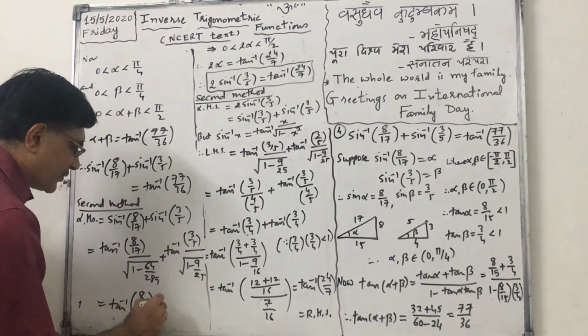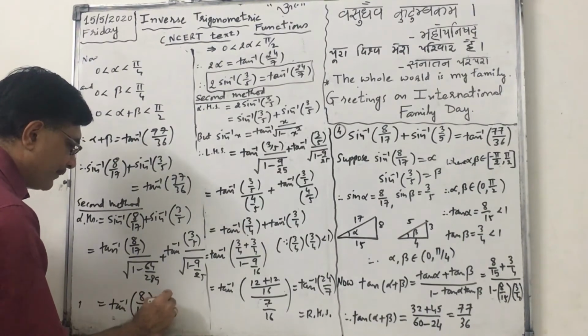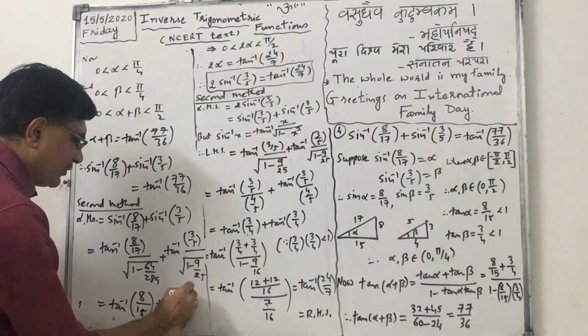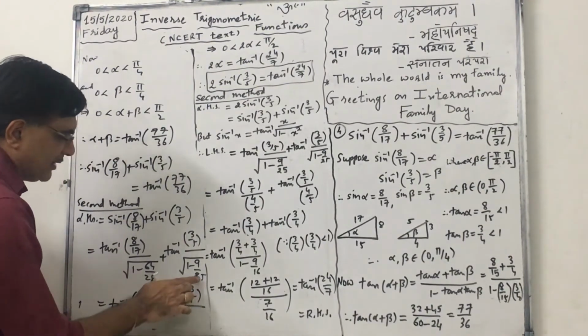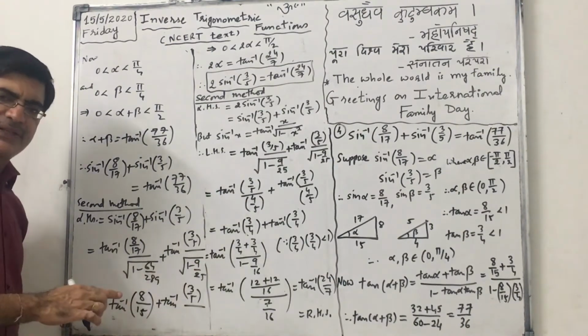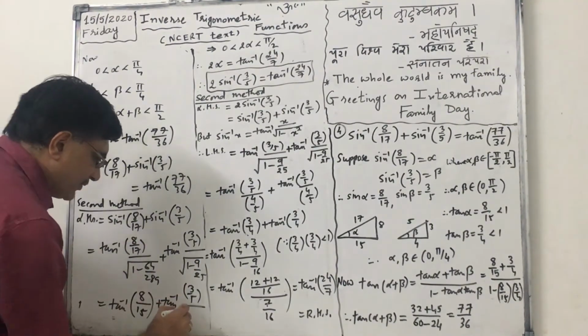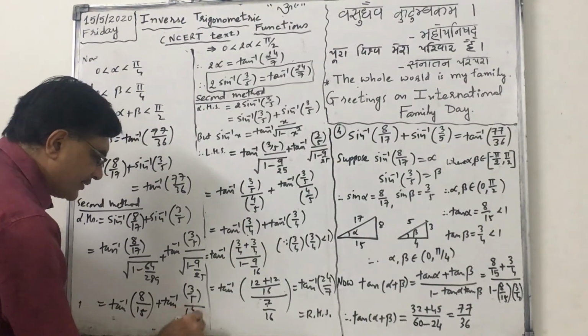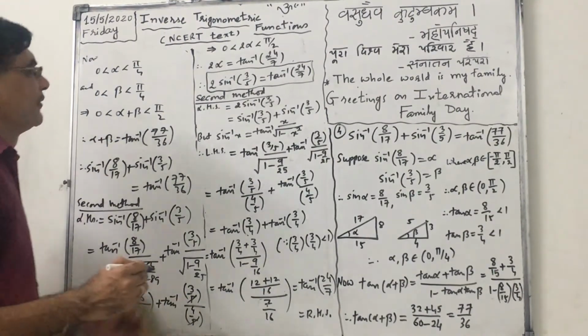So this is tan inverse of 8 by 15 plus tan inverse of now 3 by 5 upon, this will be 25 minus 9, that is 16, square root of it will be 4 by 5. So that 5 will be cancelled. Okay, so it is tan inverse of 3 by 4.